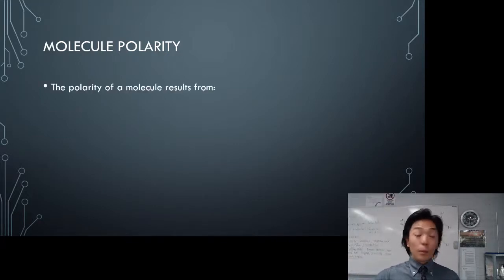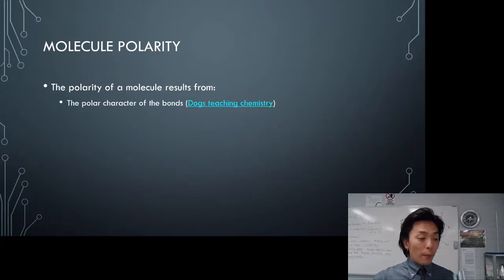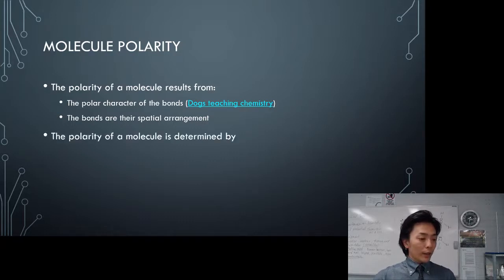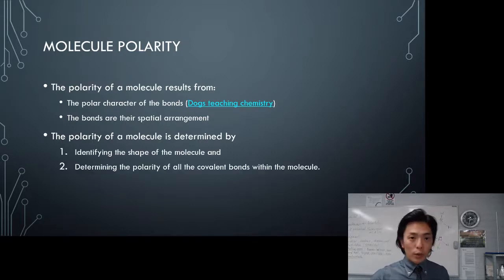The polarity of a molecule results from, firstly, the polar character of the bonds within the molecule, and we'll look at the video later together, and secondly their spatial arrangement. The polarity of molecules is determined in 2 steps.